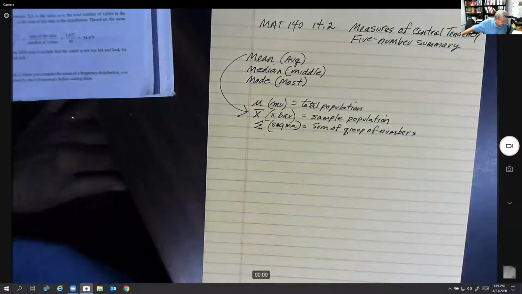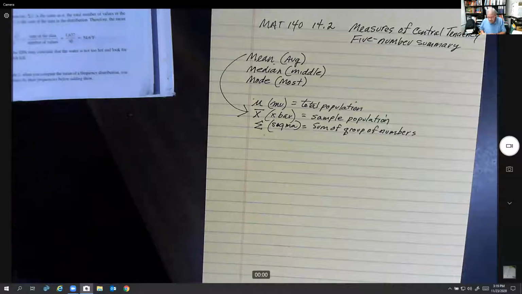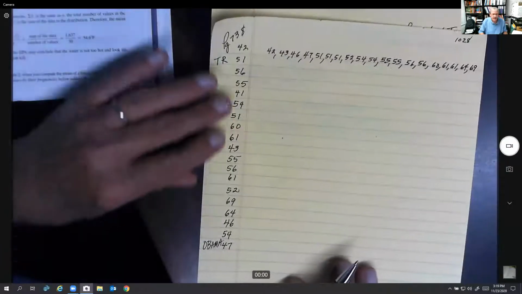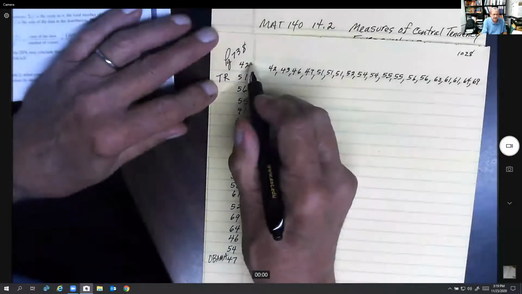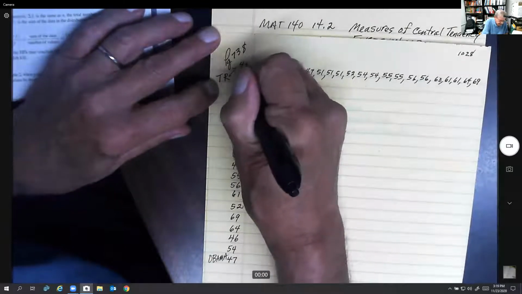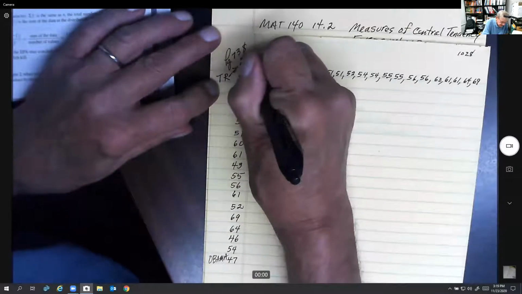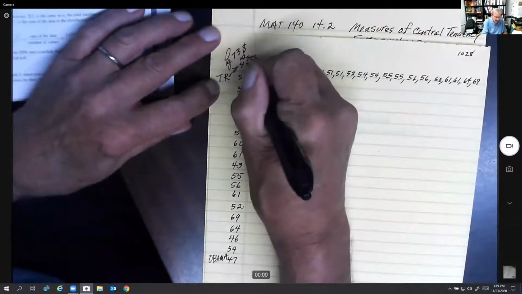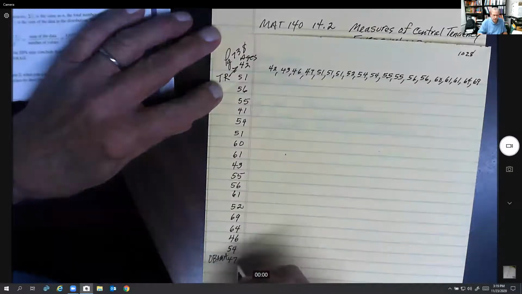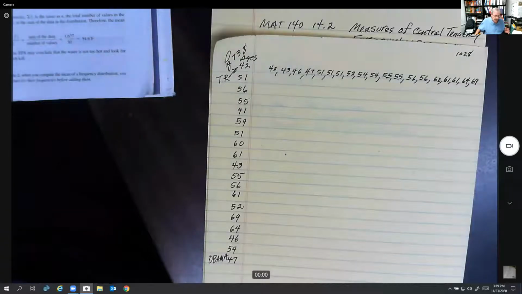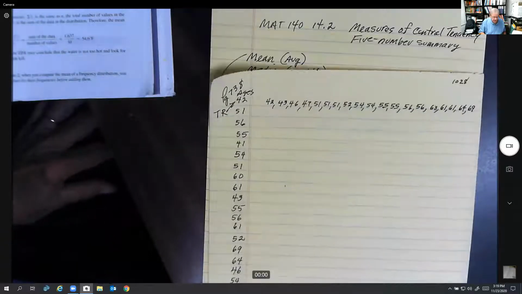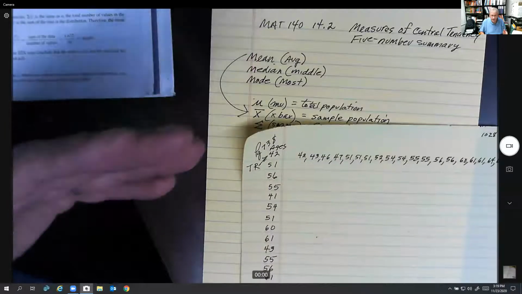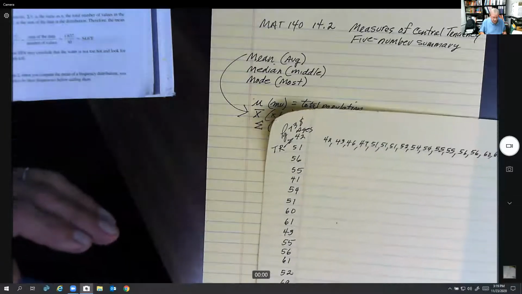So what I did is I took, later on in this section on 738, they have a list of all the presidents, starting with Teddy Roosevelt. These are the ages of these presidents. He was the youngest, 42, up to Obama, which is 47. We want to find the mean, the median, and the mode.